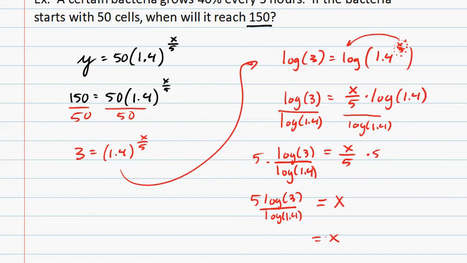Now, here's where you get to go to your calculator. So in your calculator, 5 times the log of 3 divided by the log of 1.4. And I'm getting 16.3. So we could say after about 16.3 hours, we know that the bacteria is going to reach 150.